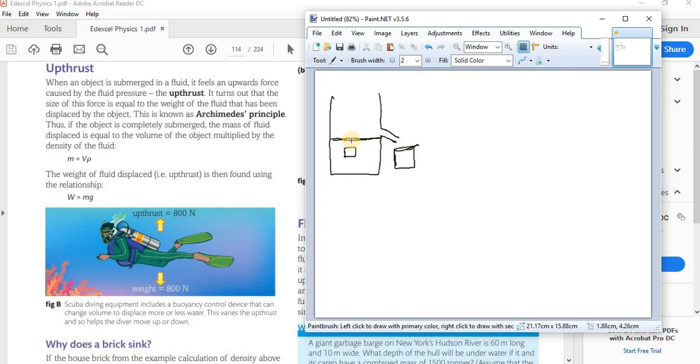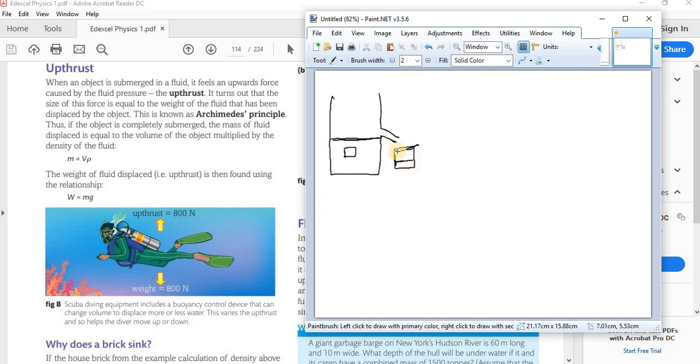In the beginning the water was at this level, but as soon as I start slowly lowering the object, the water level will try to rise, but it can't rise up here, so it will go into this beaker. When the object is fully immersed, all the water that rose up will go over here. So there will be some liquid here.